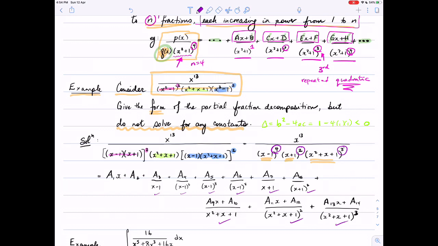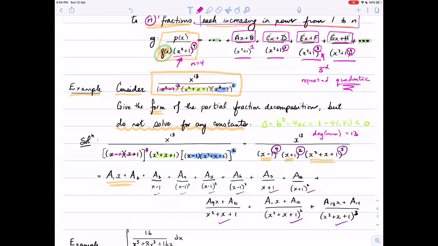Now you might look at this and say, oh, well, what are these things? Well, we have to remember that potentially the first step in any partial fraction decomposition is a long division. And if I look at the degree of the numerator, it is 13.